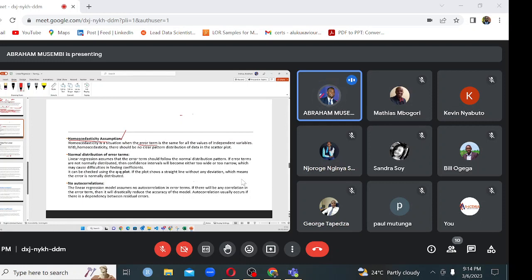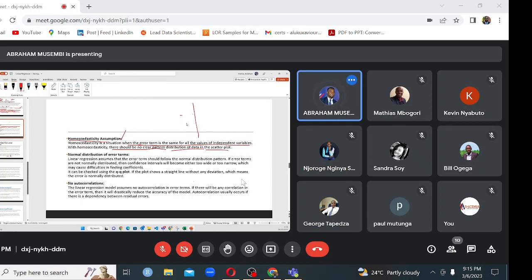So homoscedasticity is the situation when the error term is the same for all the values of the independent variables. With homoscedasticity, there should be no clear pattern in the distribution of the data in the scatter plot.